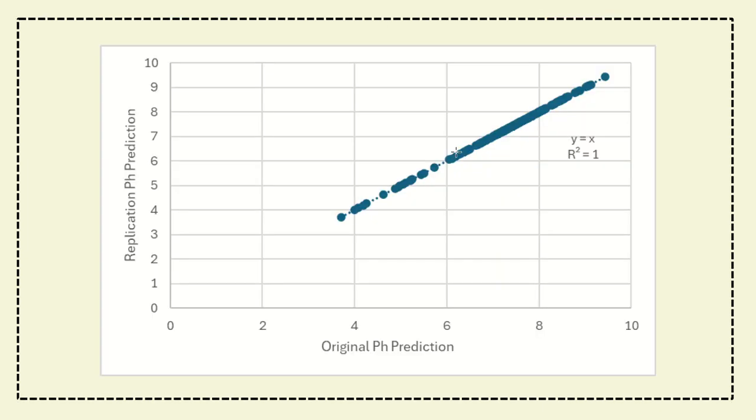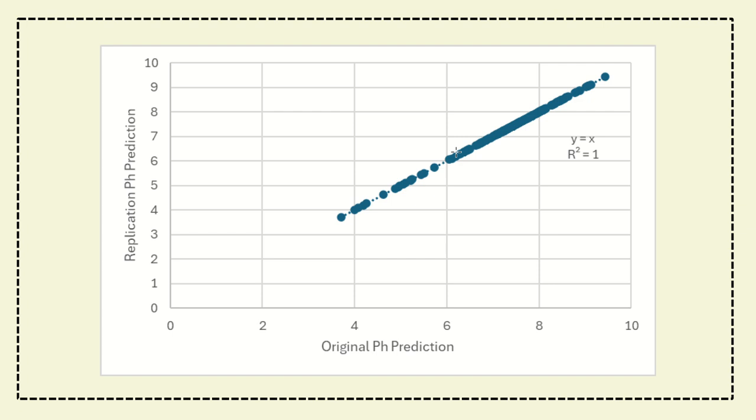Now I also made a scatter plot for the values obtained for my replication and for the original research work published. The original one was plotted on the x-axis, and my replication was plotted on the y-axis. And as you can see, it lies on a straight line, y equals x.